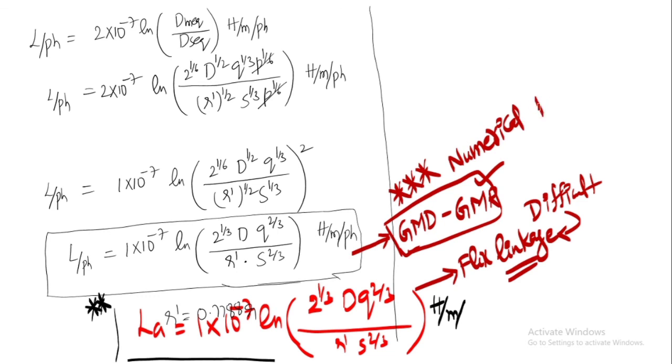But you need to understand how we can apply the GMD and GMR method. Is it right? Here there is no need to go for 3 transposition cycles, but you need to do transposition when it is unsymmetrical. When it is symmetrical, no need to go for transposition. So you can apply this method both for symmetrical as well as unsymmetrical. This is the generalized formula which can be used everywhere.